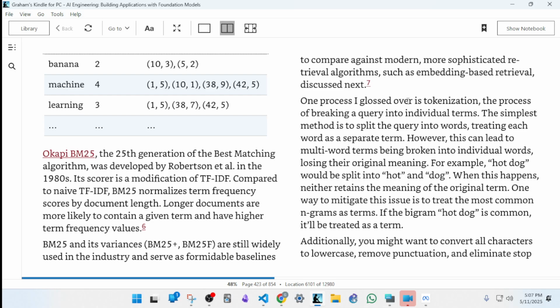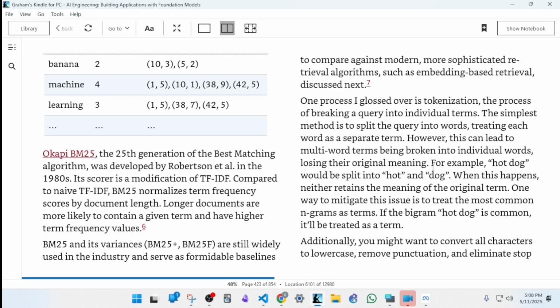One process I glossed over is tokenization, the process of breaking a query into individual terms. The simplest method is to split the query into words, treating each word as a separate item. However, this can lead to multi-word terms being broken into individual words, losing their original meaning.